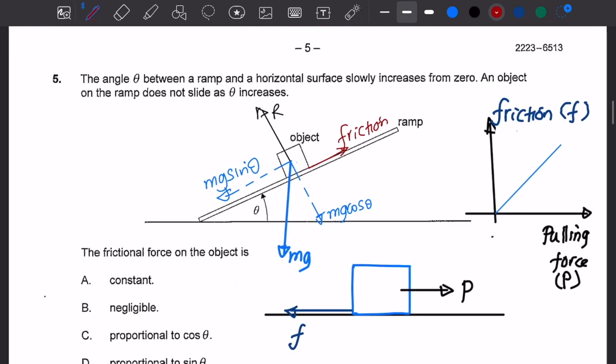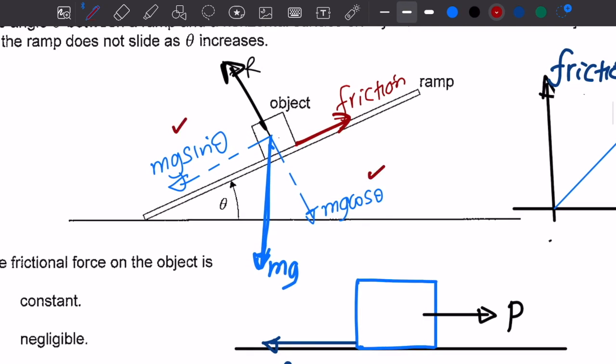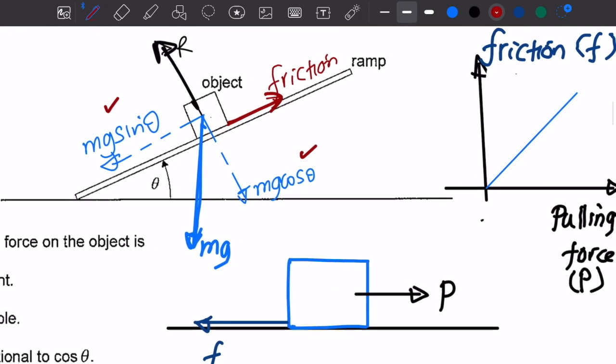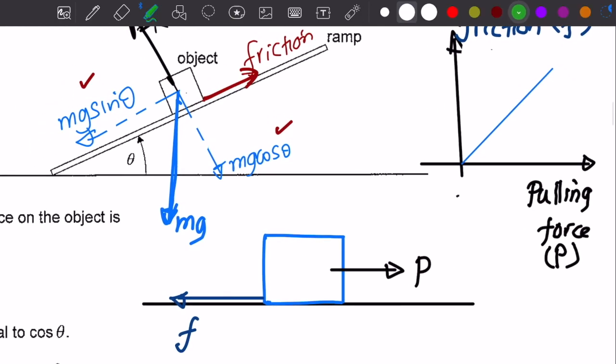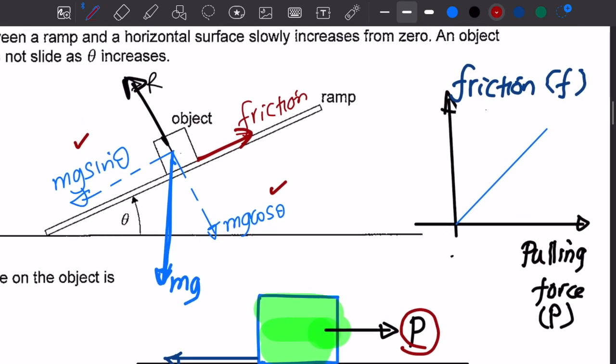Question number 5. This object has three forces. One, the weight of the object, and the contact force, and the friction from the floor. I separate mg into sine theta and cos theta components. Now forget about this situation. If there's a mass on the floor, with a pulling force and a friction, when you increase the pulling force, friction increases.